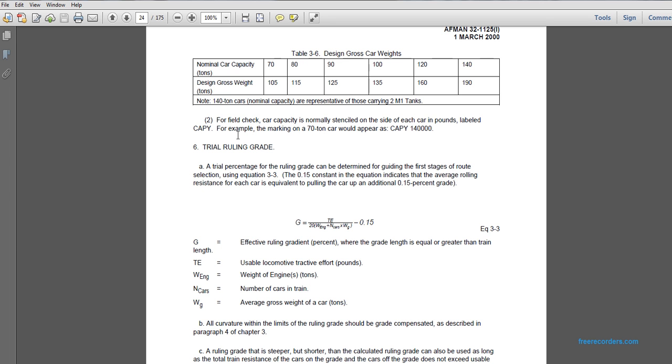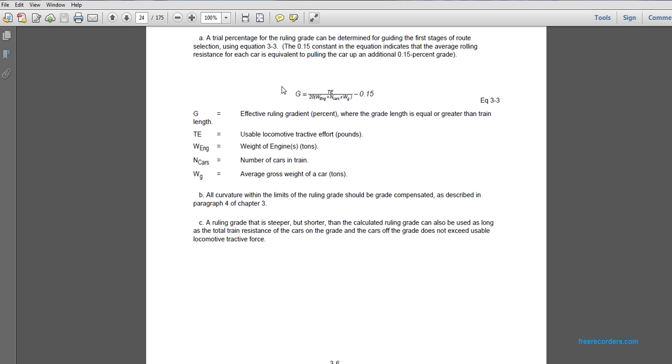The traction over the weight of the engine plus the nominal number of cars times the gross weight, times 20, times the constant in the equation for the average rolling resistance of each car, minus all car curvatures within the limits of the ruling grade, should be compensated as described in paragraph 4 of chapter 3.